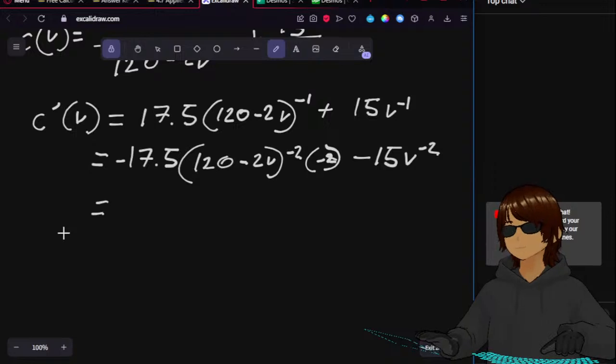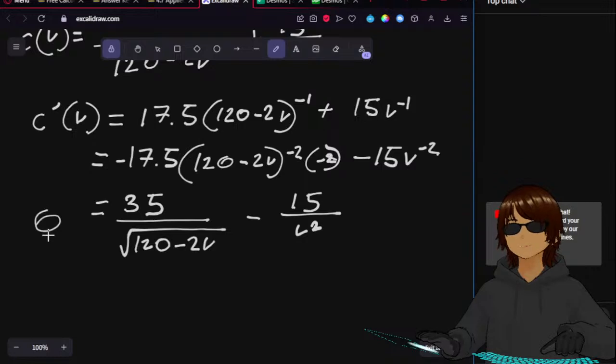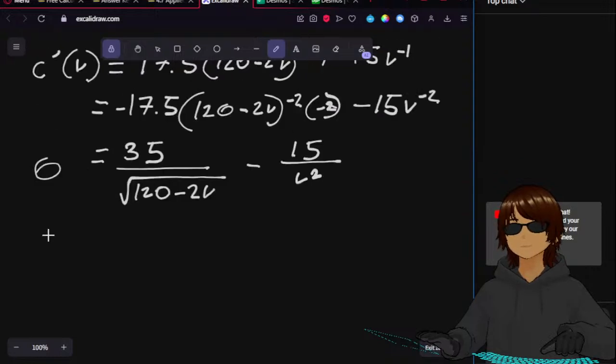So this becomes minus 2 times 17.5, 35. And let's say this is 0. Wait, hold on. No, this is wrong. This is square.